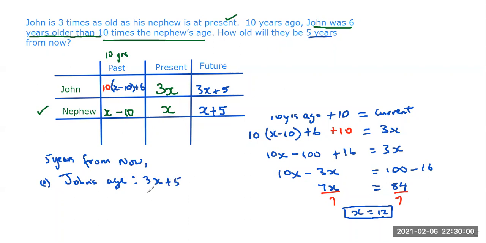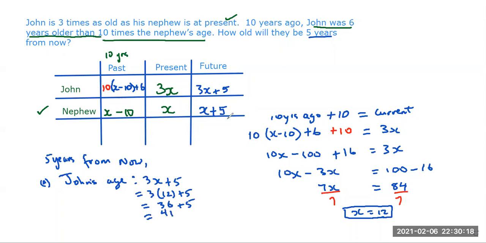Substituting x into that, we get 3 times 12 plus 5, since x is 12. 3 times 12 is 36, plus 5, that will be 41.